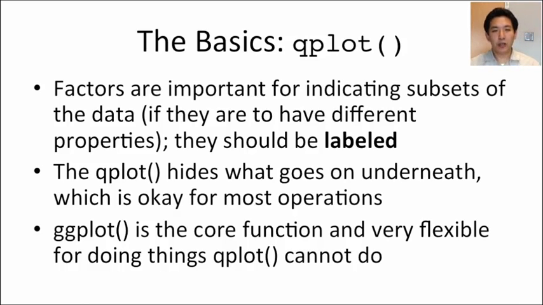So it's usually not useful to label a factor variable as 1, 2, and 3. Even if you have 3 categories, 1, 2, and 3 is not particularly informative. Usually you want to label them with more informative labels so that you know what those factor variables are trying to encode.